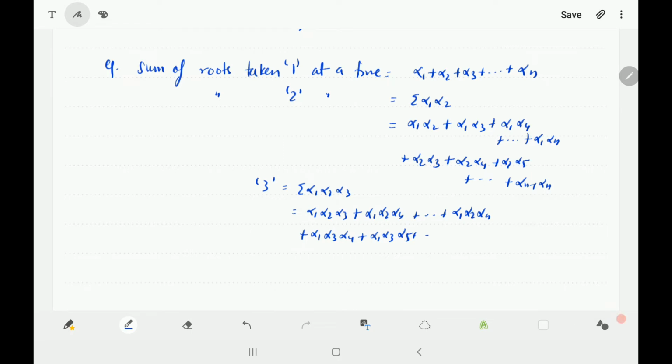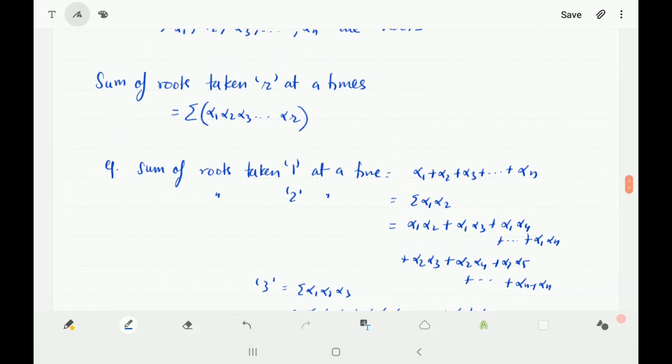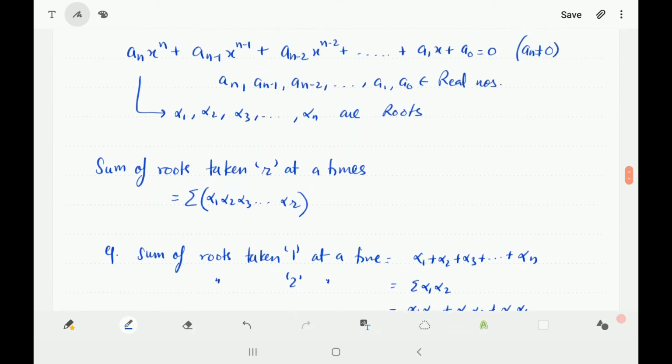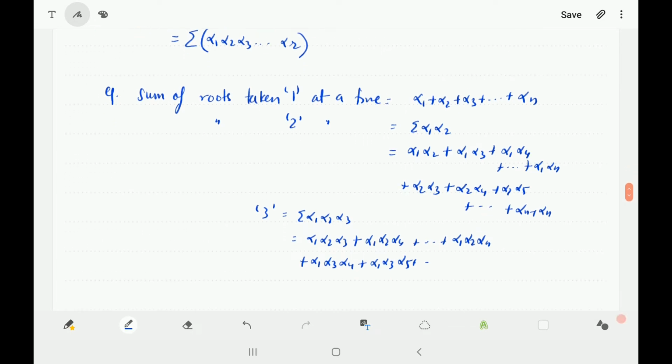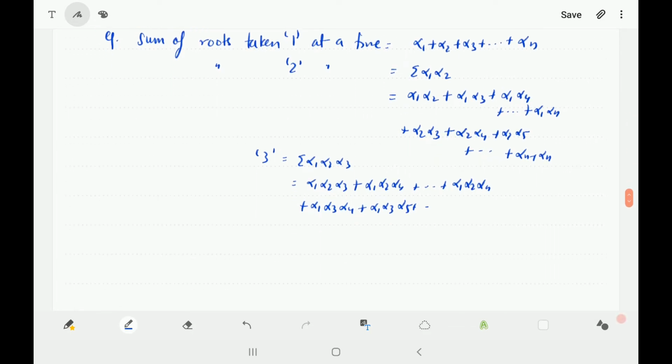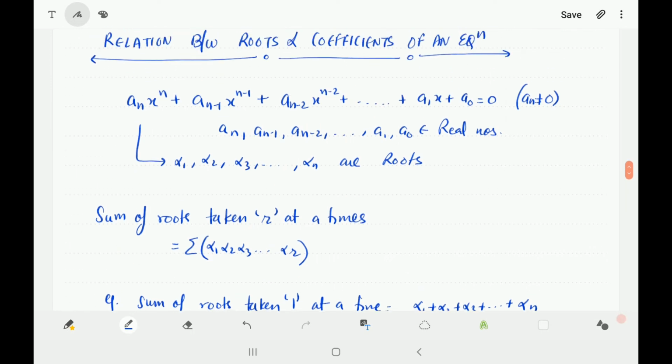If you have studied the calculation of the number of such terms, it is covered in the chapter permutation combination. In the case of one at a time it will be nC1, in the case of 2 it is nC2, and in the case of 3 the total number of terms will be nC3. If you haven't studied this, you will study it in the chapter binomial theorem or permutation and combination.